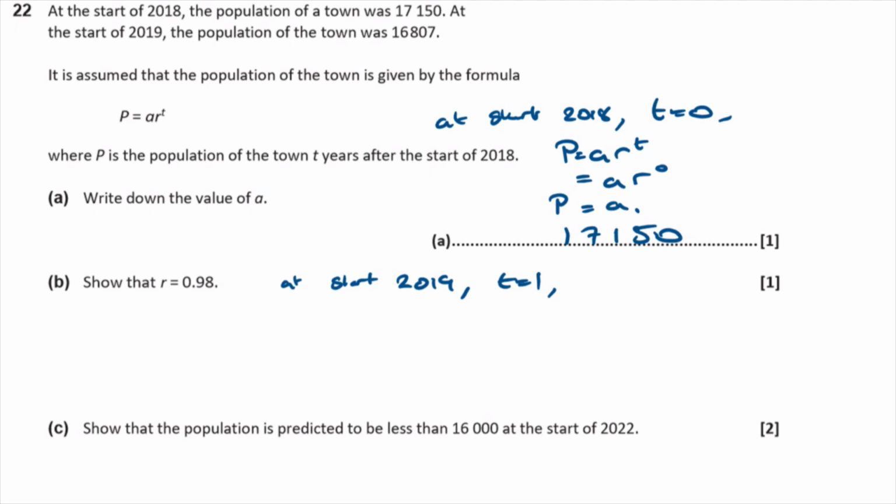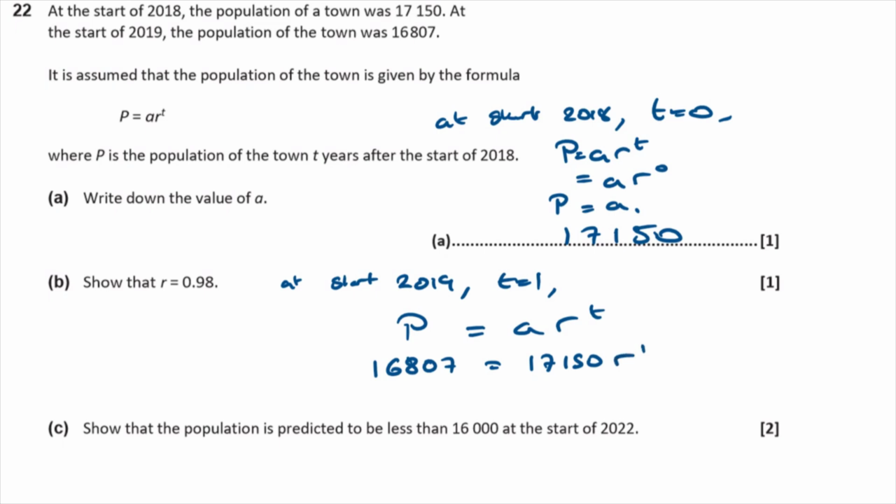So then P is equal to A R to the power of T becomes, well, we know P at the start of 2019 is 16,807, and that is equal to A, which we now know is 17,150, times R, which we're still trying to find, to the power of T, and T is 1.